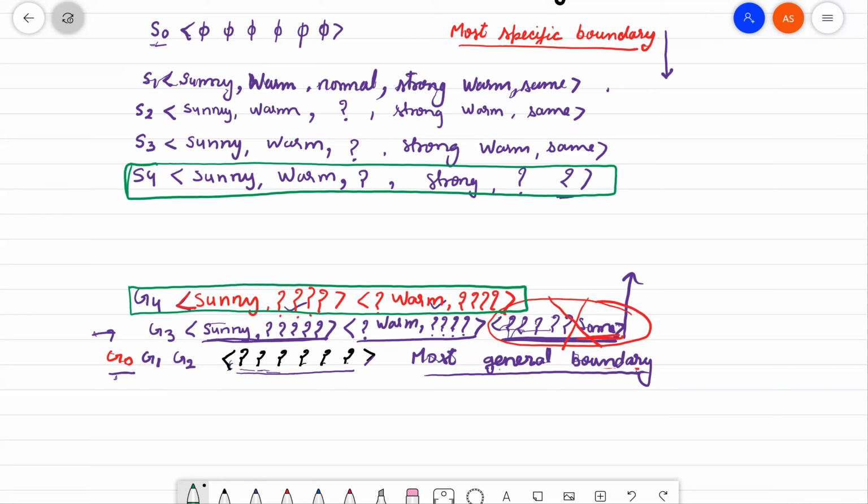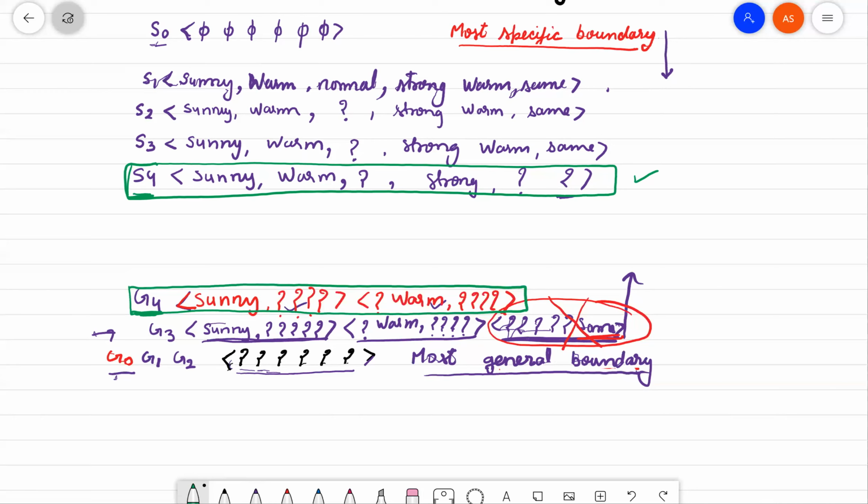In case of positive examples, the most specific boundary, we move downward. And in this case, this is the final S4 hypothesis. And here we have obtained the two sets of hypotheses in case of this G4. Okay, so this is the final outcome of this candidate elimination algorithm.